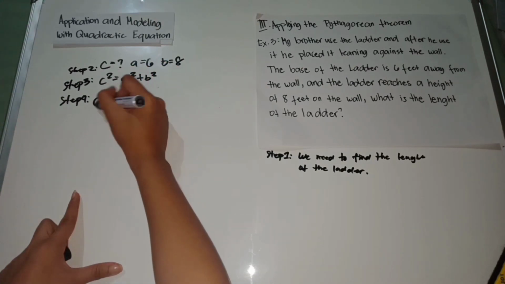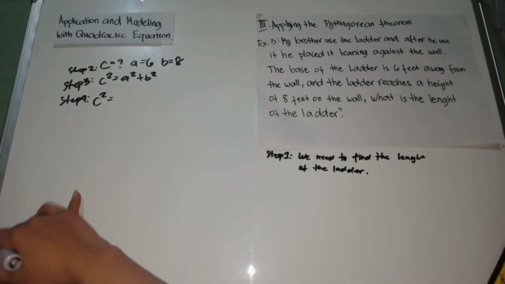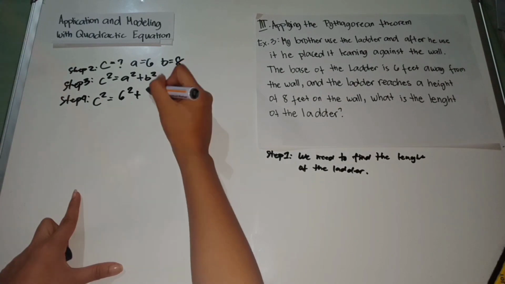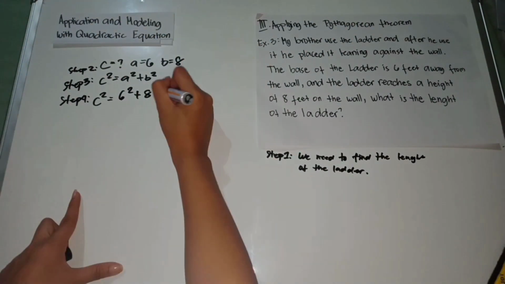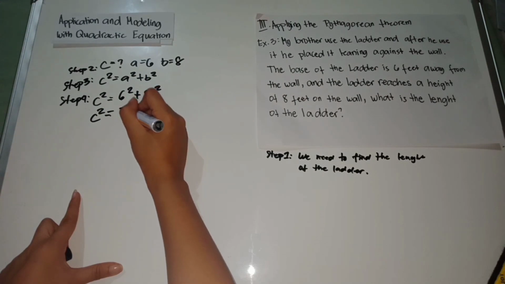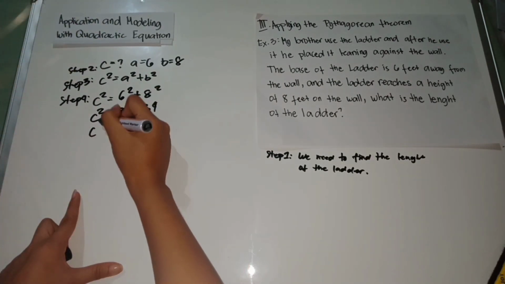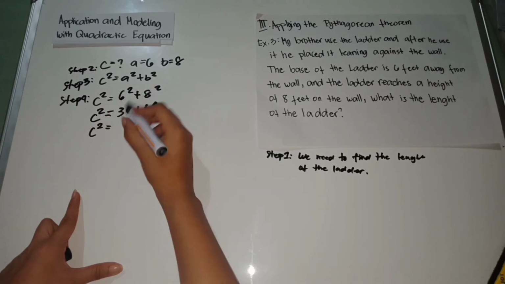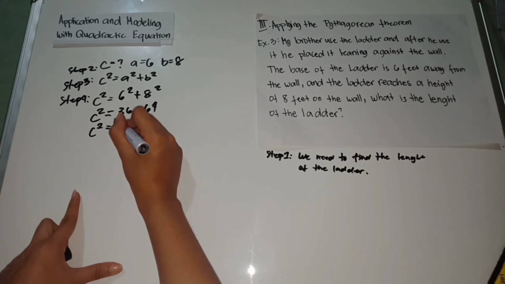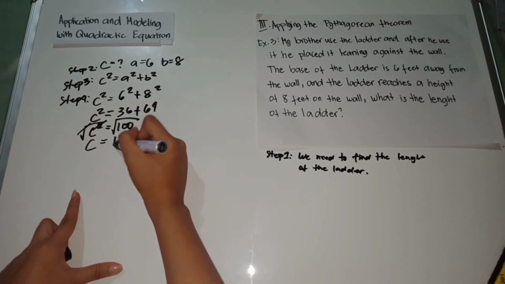So C is still unknown, and A is 6 squared plus 8 squared. So C squared is equal to 36 plus 64, and C squared is equal to 100. So we need to take the square root.